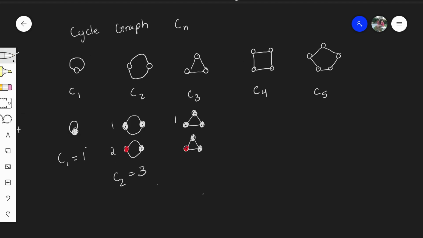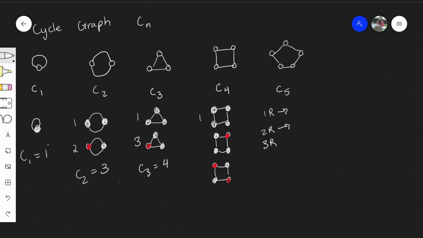We can see that there is 1 way to color C3 with 0 red colors, and 3 ways to color it with 1 red color. So we say that C3 is equal to 4 because there's 4 ways to color it. And we can continue this process. So C4 can be colored 1 way with 0 colors, 4 ways with 1 color, and 2 ways with 2 colors. So C4 is equal to 7.